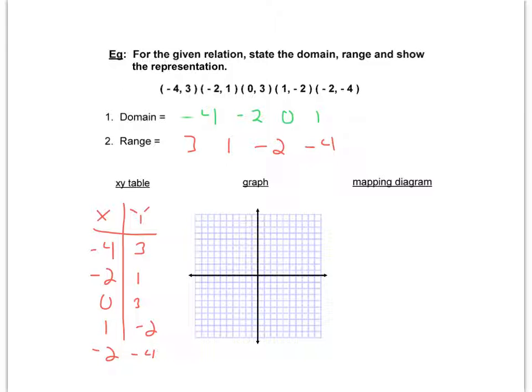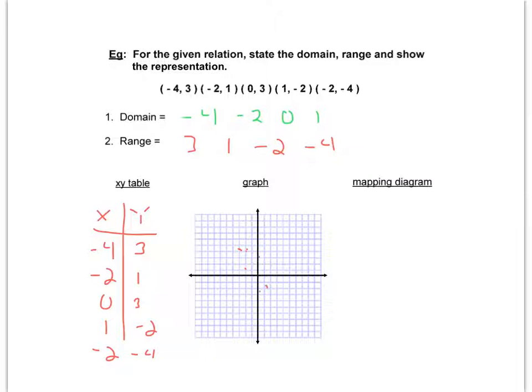So that's going to be right about here. I'll do my best. We have neg 2, comma 1. That's right here. I have 0, comma 3. That's going to be right here. I have 1, comma neg 2. That's here. And I have neg 2, comma 4.